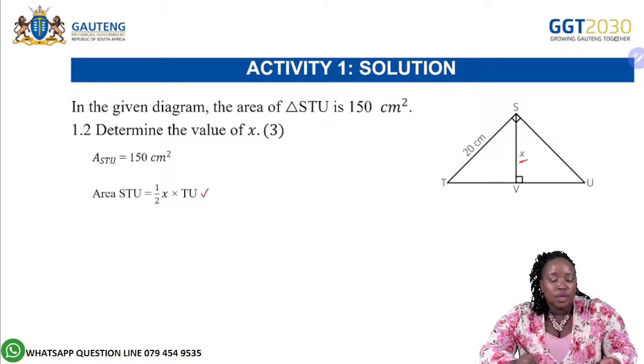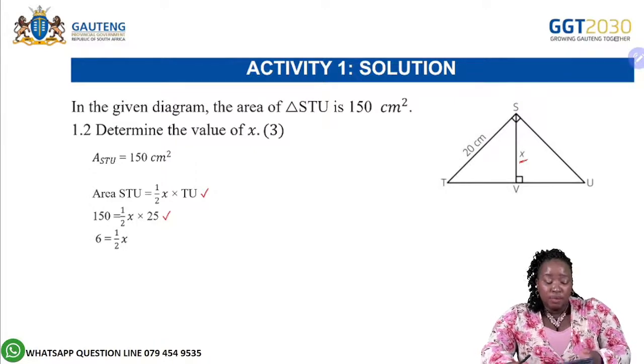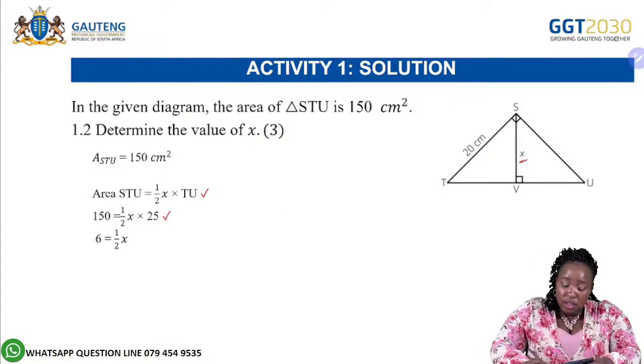All right, so we substitute 150 into 1 over 2x times 25 on the right hand side. Okay, and then we divide both sides by 25. Let me just show you the steps we are missing. We have 150 is equal to 1 over 2 times x times 25.